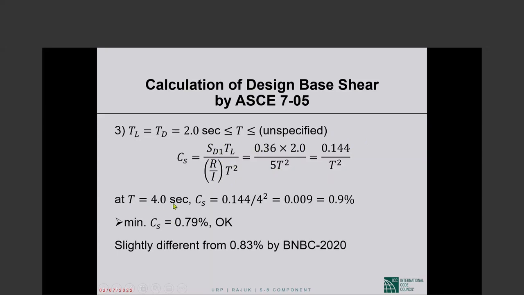So at T of 4 seconds, where we calculated the S sub A by BNBC, C sub S is 0.144 divided by 4 squared, which is 0.009, which is 0.9%. Minimum is 0.79%. This is a little bit different from the 0.83% of BNBC 2020, but we found a mistake in the BNBC 0.83%. Remember the 1.35 versus 1.25. So it will come closer probably to the same number.